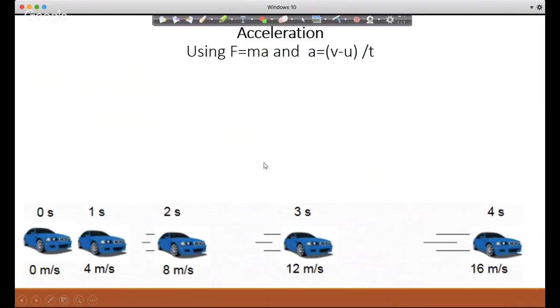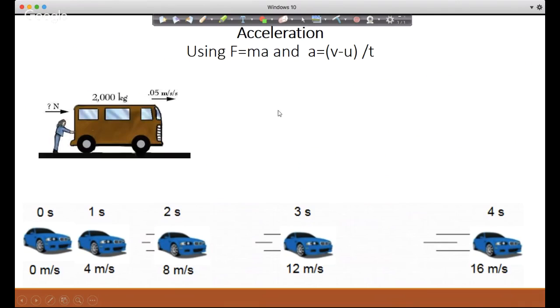Okay, so acceleration, a couple of equations for this. Acceleration will happen with unbalanced forces. So let's say that in a question, we need to know how much force is being applied. So how big is the F if we know the mass of the object being pushed and we know the acceleration of the object. Now that m/s is just the same as m/s squared. So that's our acceleration.